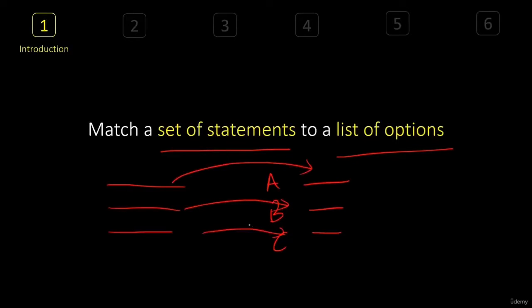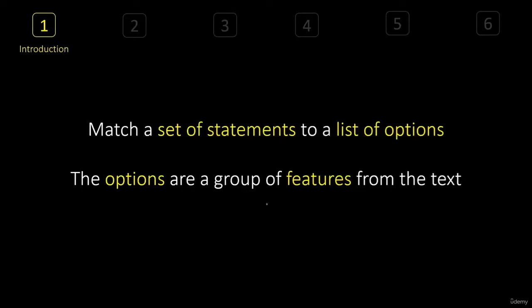Whichever matches is an answer. And the options are the features from the text. You got it. That's why it's called matching the feature itself. So the options are actually a group of features that you have to match with the set of statements.